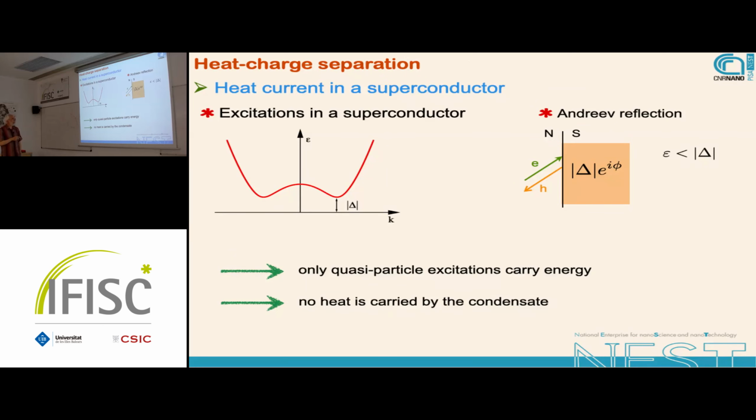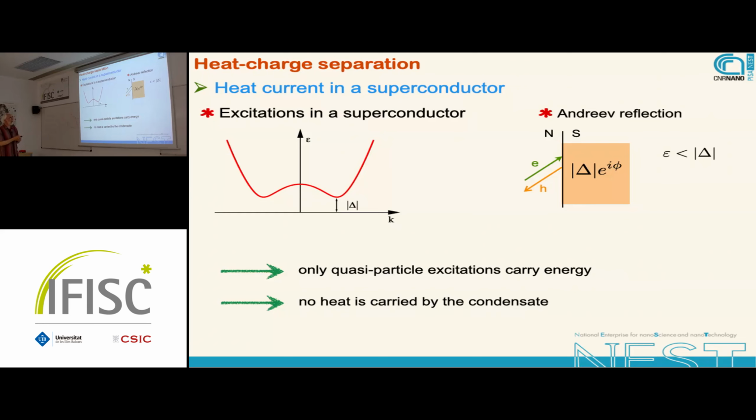Since the energy is carried by quasi-particles, everything happening at energy below delta doesn't contribute to the transport of energy. And this is the basic idea of using a superconductor to stop heat flow. Moreover, heat cannot be carried by the condensate.